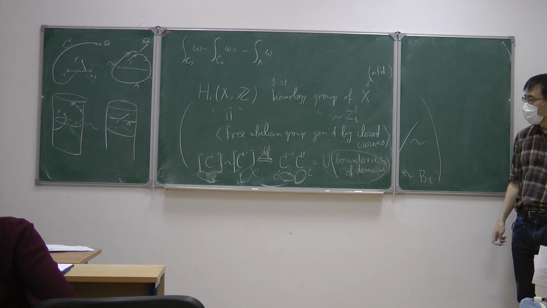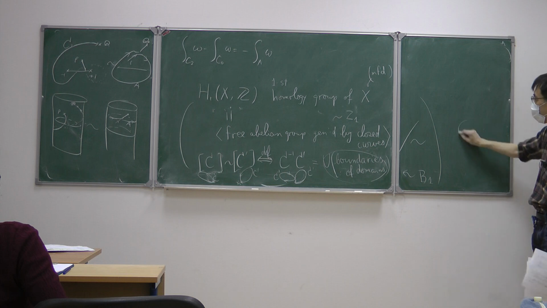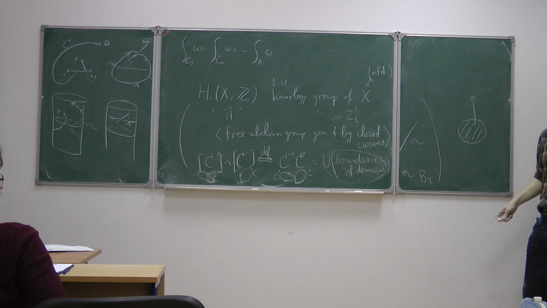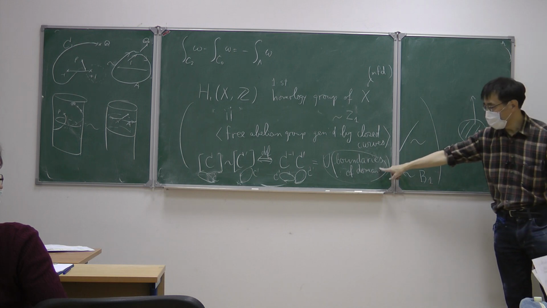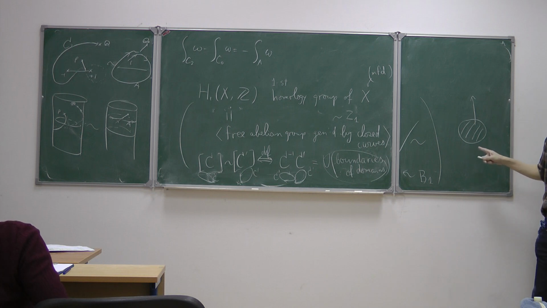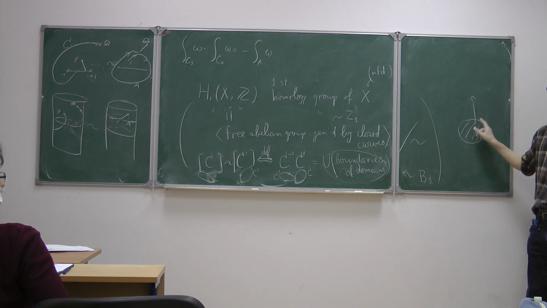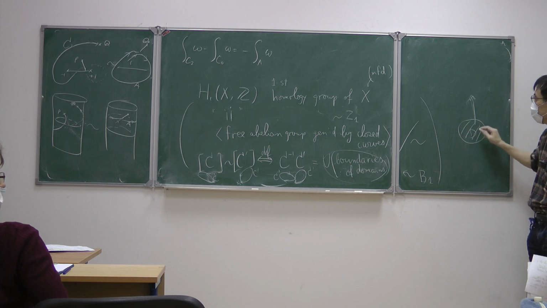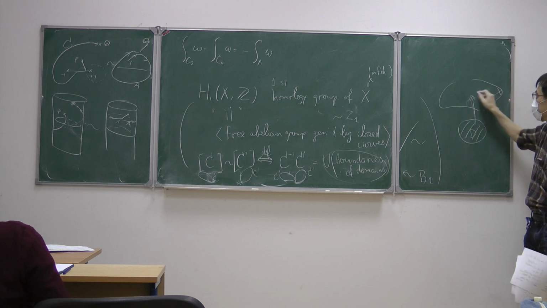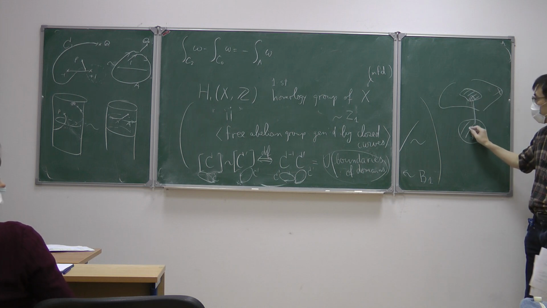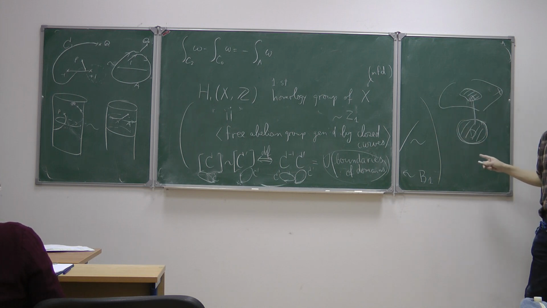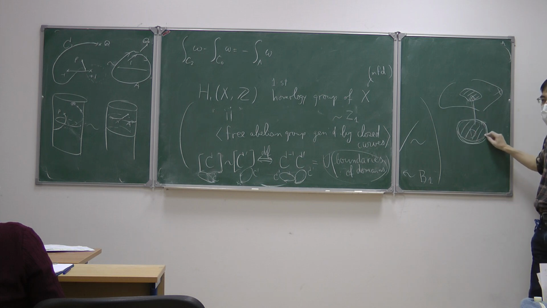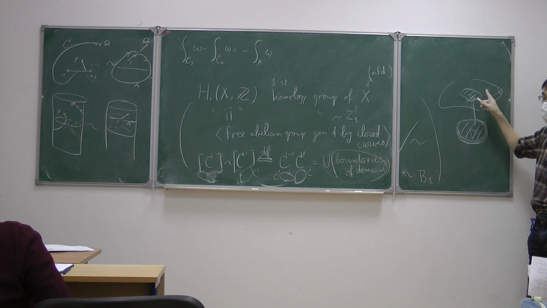Or what is meant? More precisely, this domain is actually the image of a disk by a continuous map, and boundary means the image of the boundary circle of this.